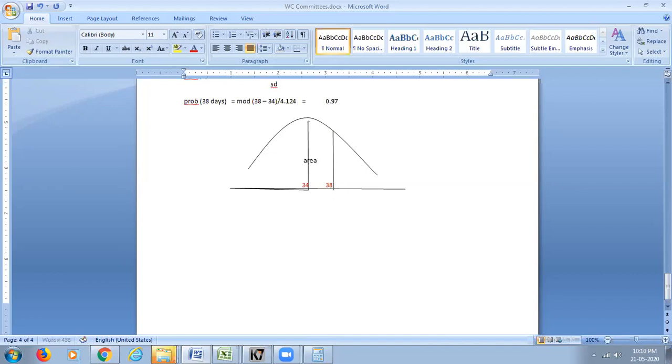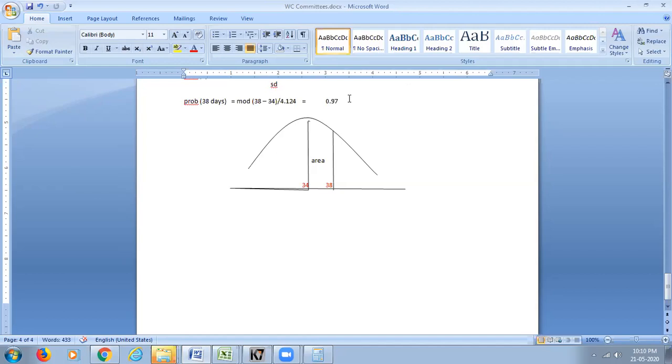And that area you should find using the standard normal area table. You'll understand the standard normal distribution for 0.97.